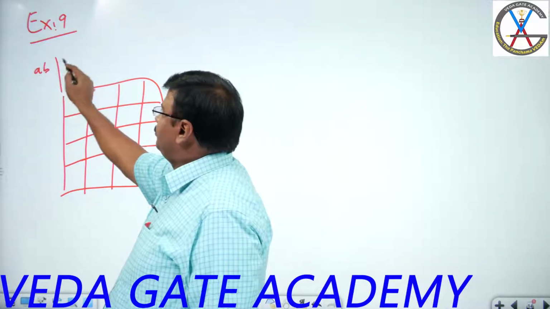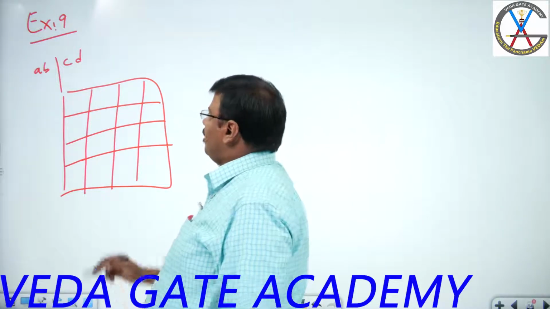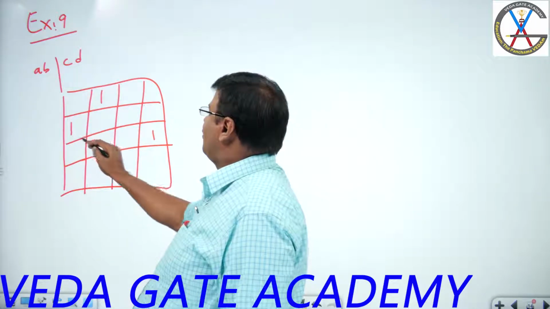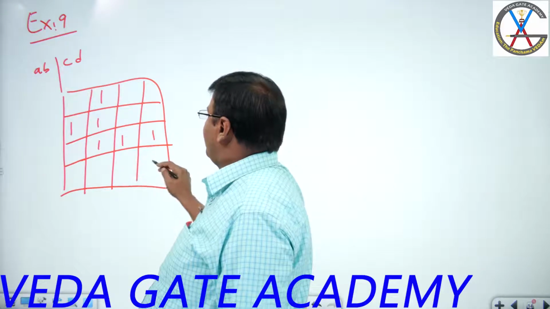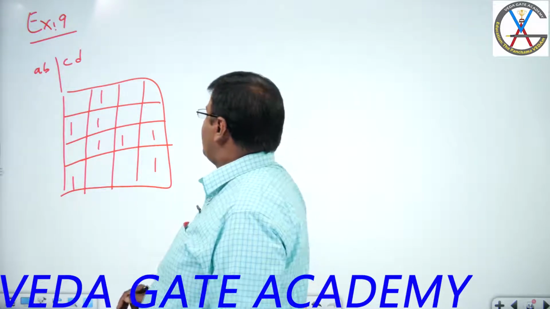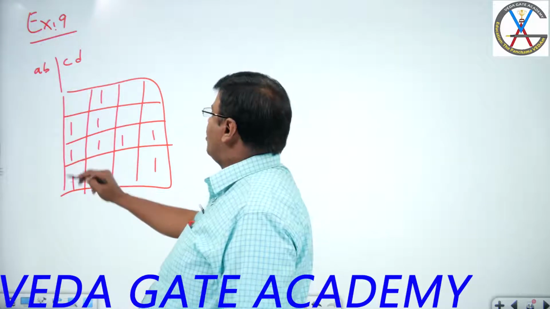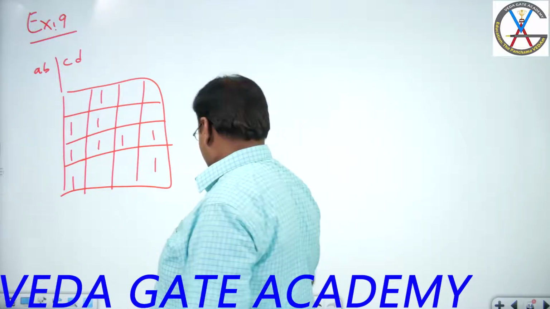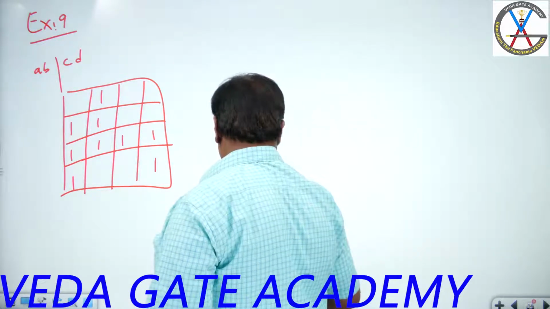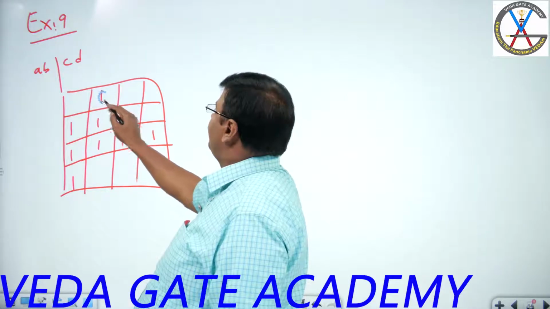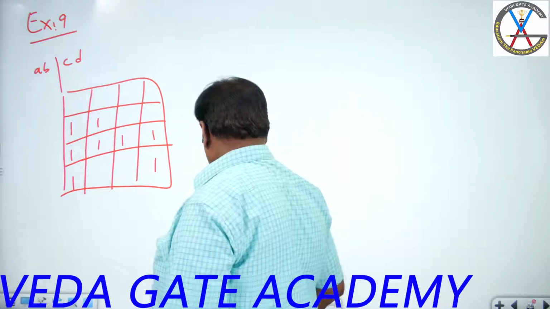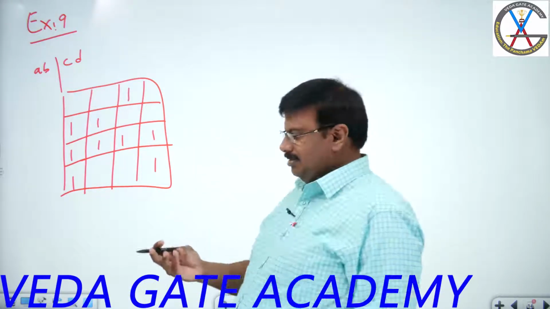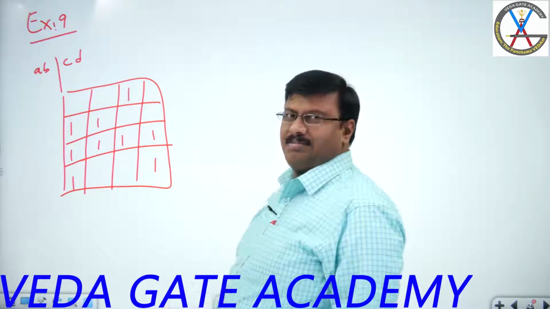A, B, C, D. Here my terms are like this. Yeah, this is my map. And let me find implicants, prime implicants, essential prime implicants.